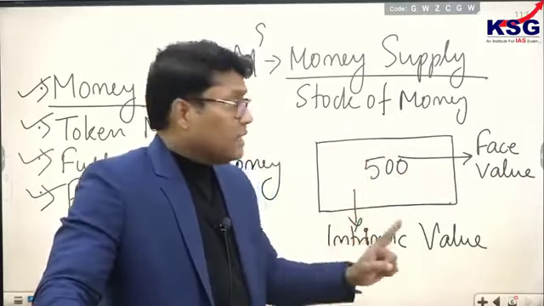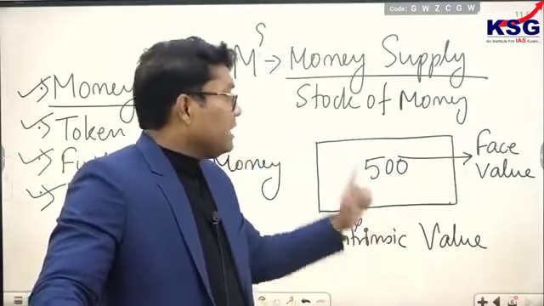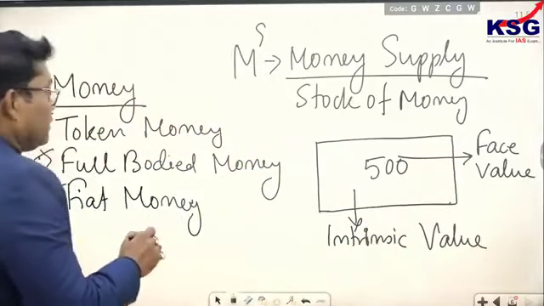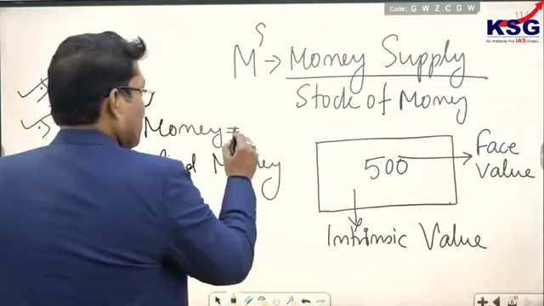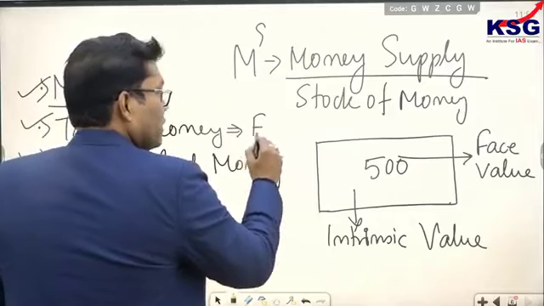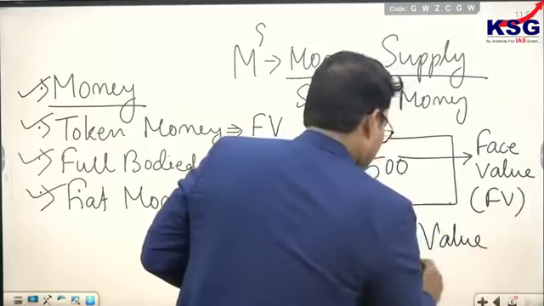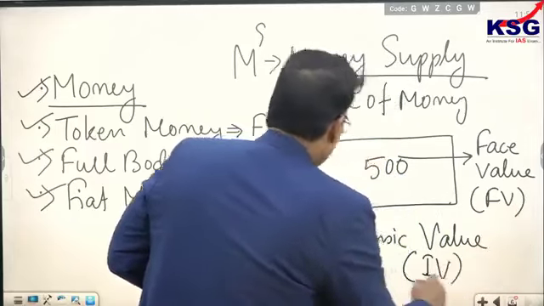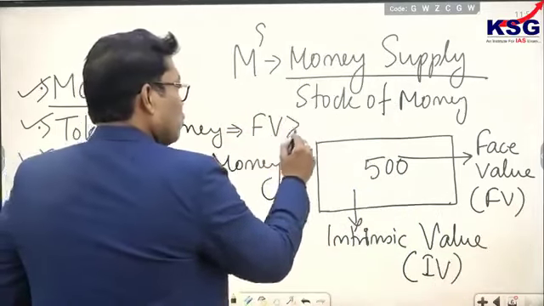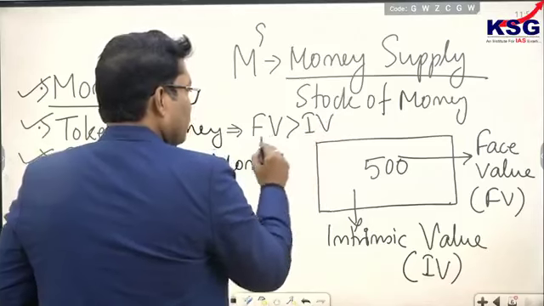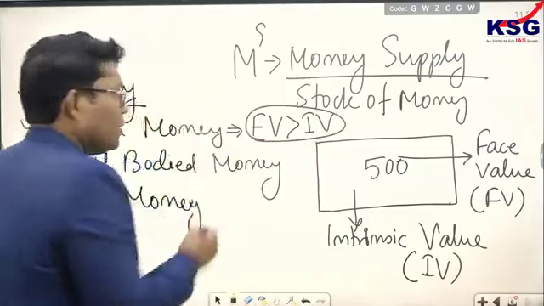When the face value is more than intrinsic value, then it is known as token money. So token money: FV means face value, and IV means intrinsic value. When face value is more than intrinsic value, it is known as token money.